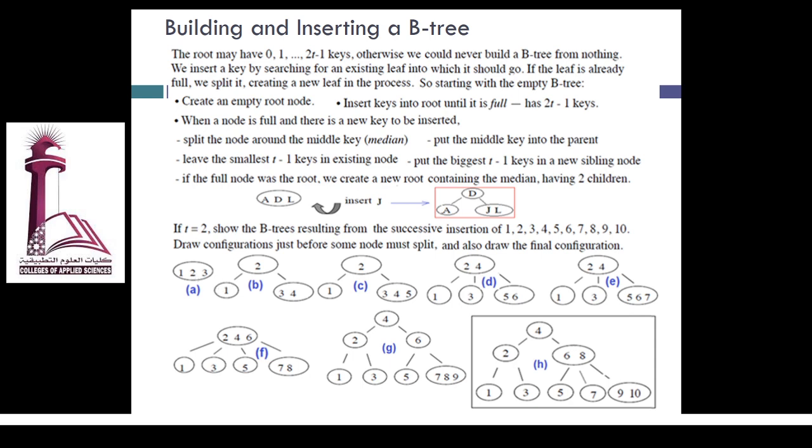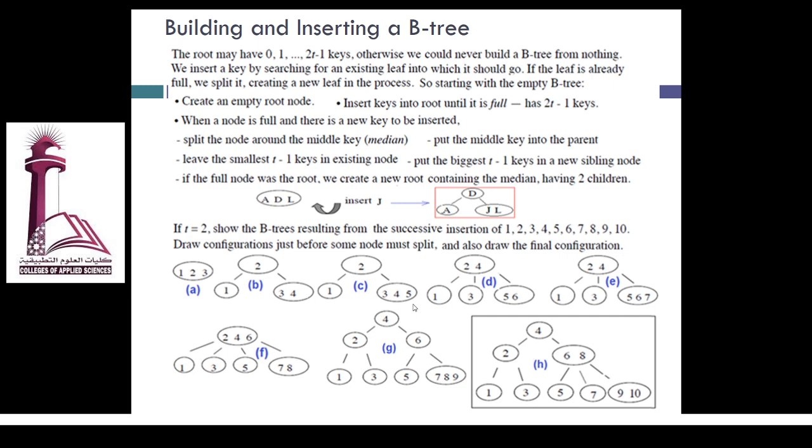Now we have an odd number of keys, so before inserting, move the middle. 2 is the middle one, so move it up as a new root. 2's left child will be 1 and the right child will be 3. Now you insert 4. So this is the new B tree.